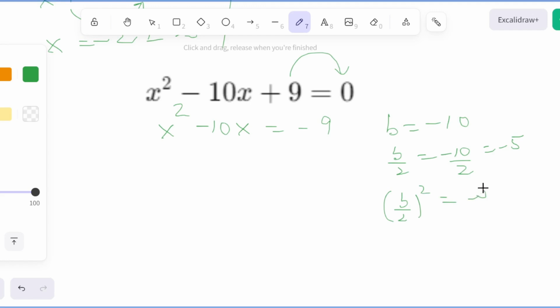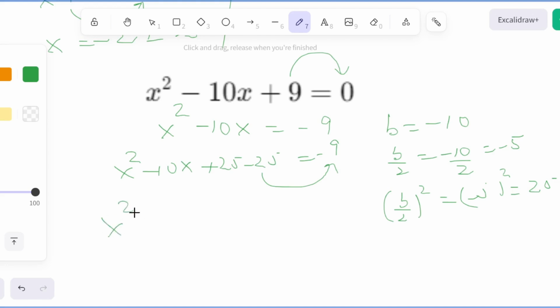So this becomes minus 5 raised to power 2, which is 25. This 25 has to be added and subtracted. So you can write it down: x square minus 10x plus 25 minus 25 equal to minus 9. You can move this minus 25 to the other side actually.